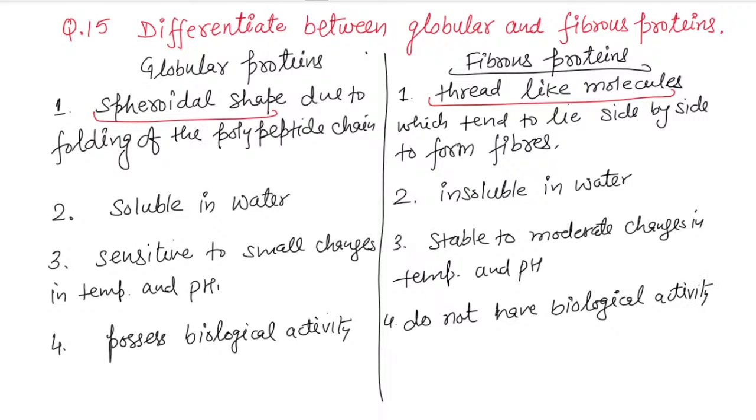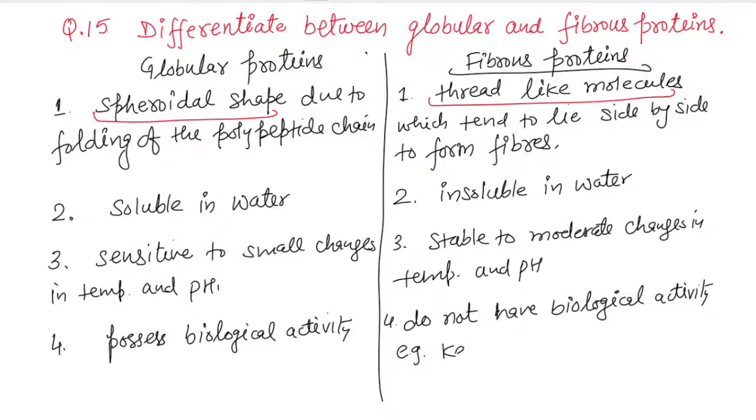For example, invertase, hormones, and hemoglobin are all globular proteins, so they are biologically active. But keratin in skin, hair, and nails, and even myosin in muscles, do not have any biological activity.